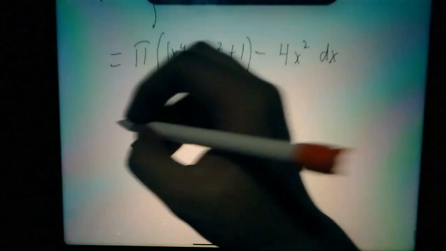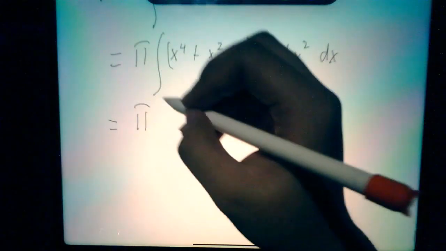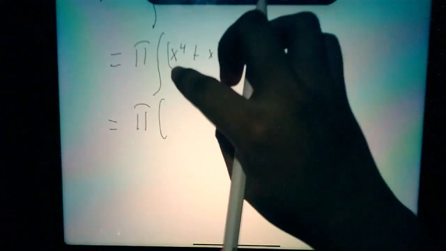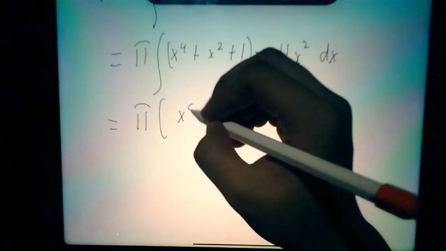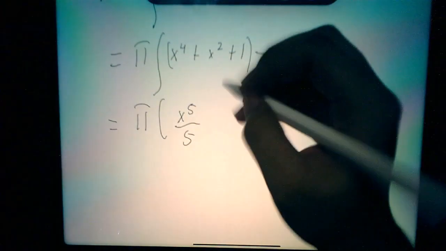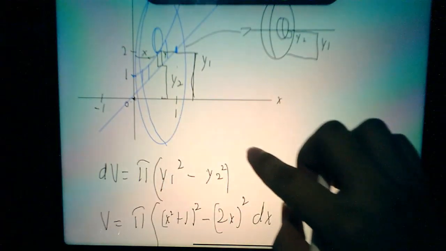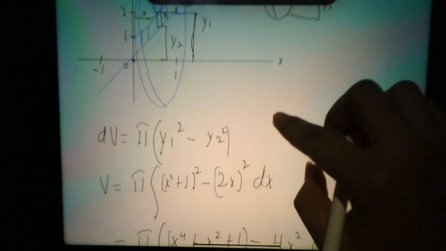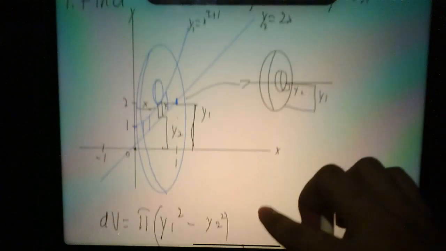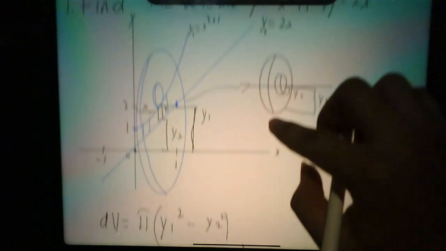So now we are ready to integrate this. Pi times x to the 4 is just x to the 5 over 5. Oh, we forgot the limits here: 0 to 2.